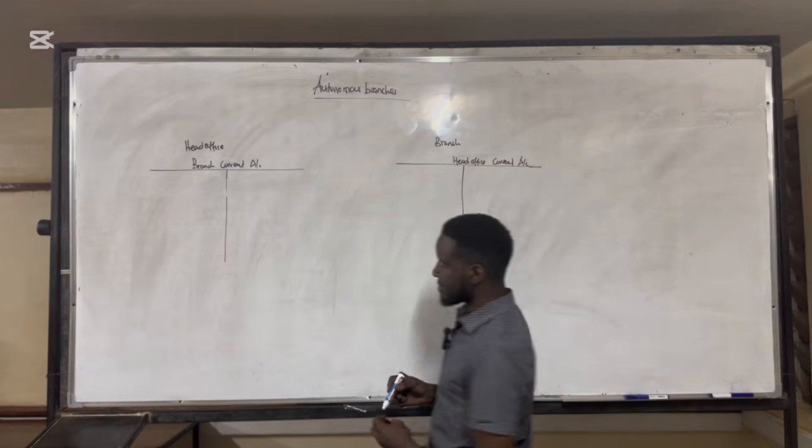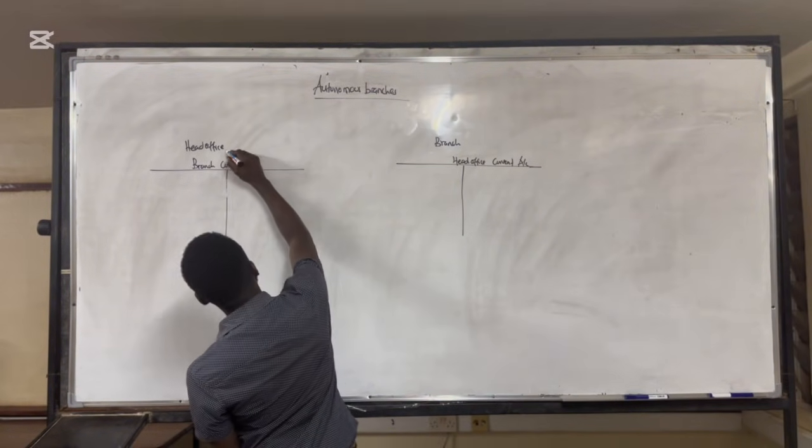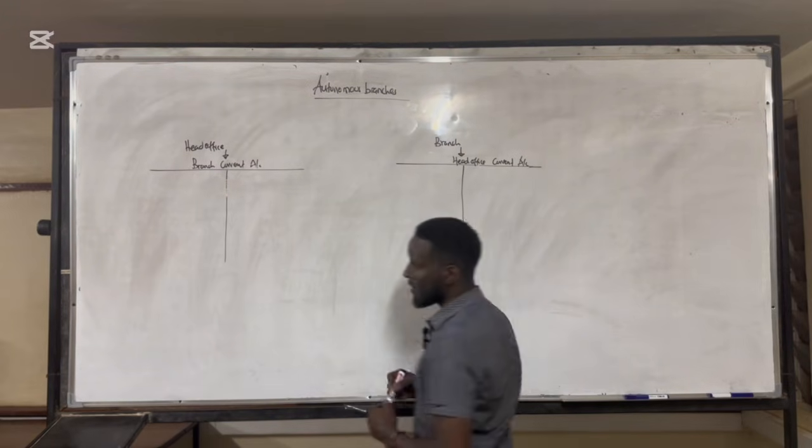So here the head office is going to prepare the branch current account, and then the branch is going to prepare the head office current account.